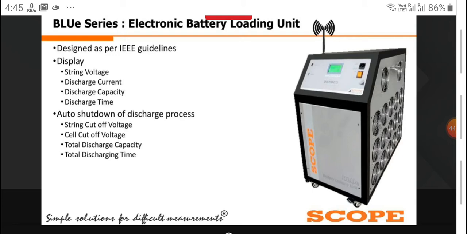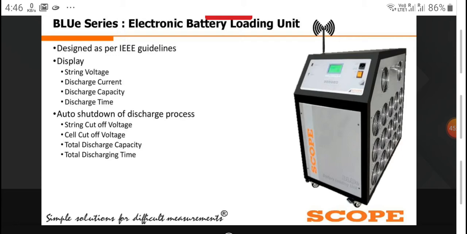Now, regarding the discharge process, if any one of the parameters goes beyond the set value, for example the string cutoff voltage for a 220 volt battery bank system, where we have put the terminal end voltage at 198 volts, the battery discharge process will be shut down.